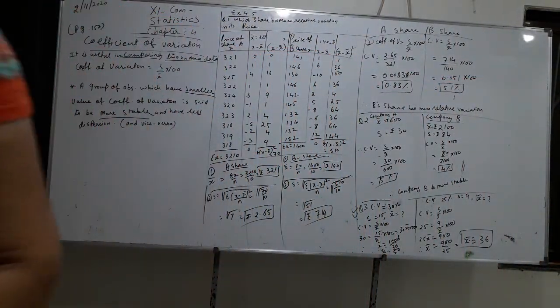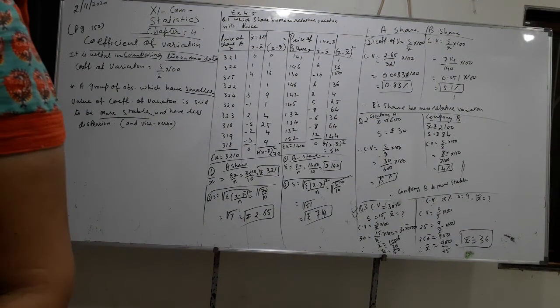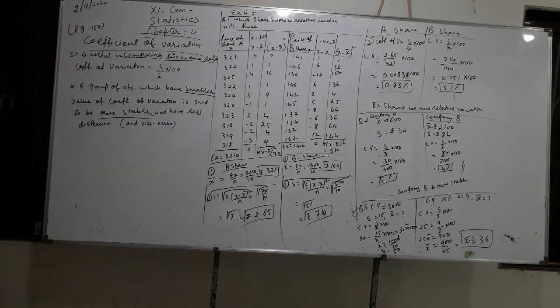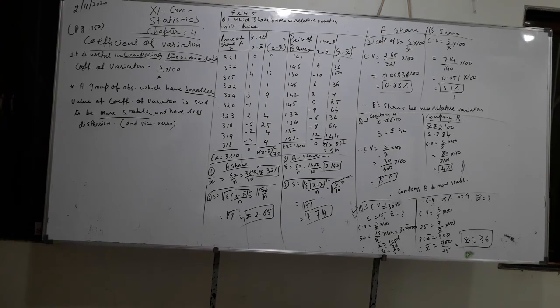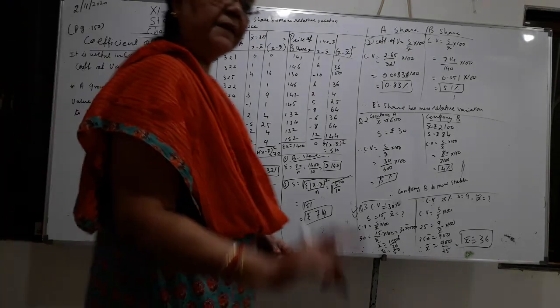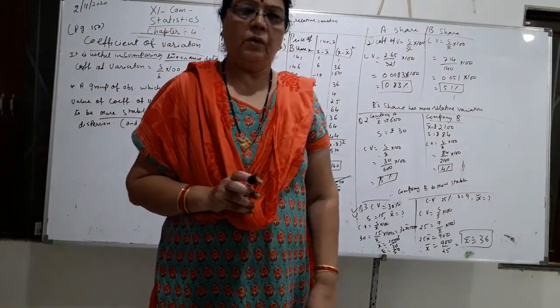The coefficient is given to us ready, and we only have to write the formula and do the cross multiplication and the division. Okay, so this is the sum which we have done here with 4.5. Only 3 sums we have. Homework: you will complete your class workbook. Okay, thank you.